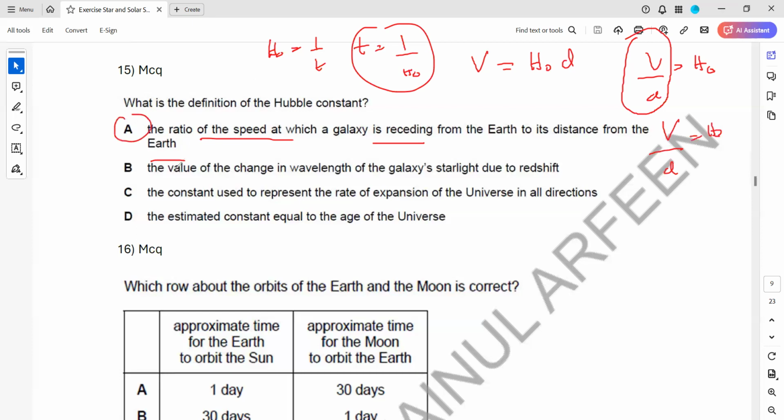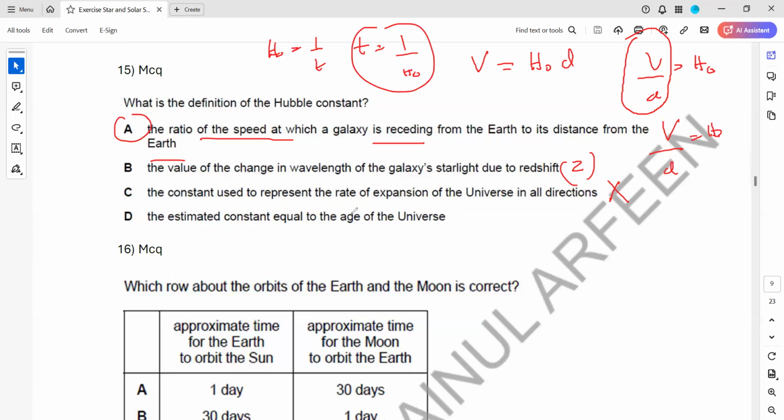What about the other options? The value of a change in the wavelength of a galaxy's starlight due to a redshift. This is called a Doppler shift. This is not called the Hubble constant. The constant used to represent the rate of expansion in all directions, no. Estimated constant equal to the age of the universe. Why is this statement wrong?